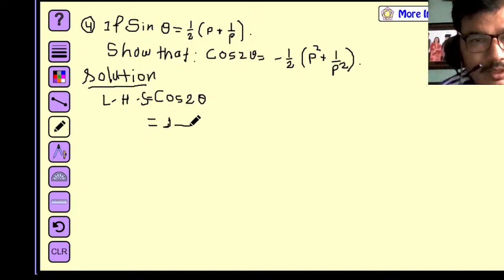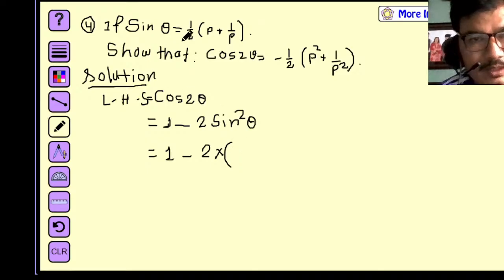That's why we use this formula, 1 minus 2 sine square theta, like this. Then after this, look here, what we need to do: 1 minus 2 multiplied by sine theta. Sine theta means what, children?